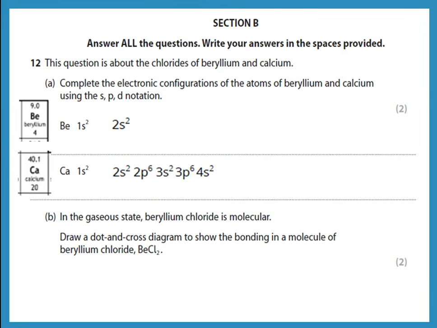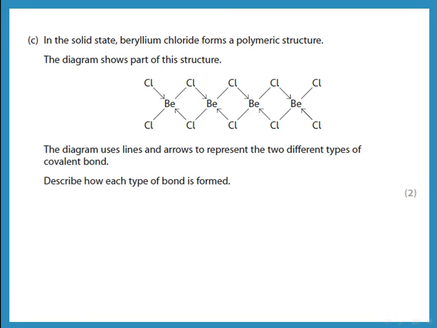So to draw the dot and cross, we share a pair of electrons between the Be and each chlorine. The Be has 2 electrons, each chlorine needs 1. Remember that beryllium is one of the elements that do not obey the octet rule. It does not have a total of 8 electrons around it. So this is how it is written.